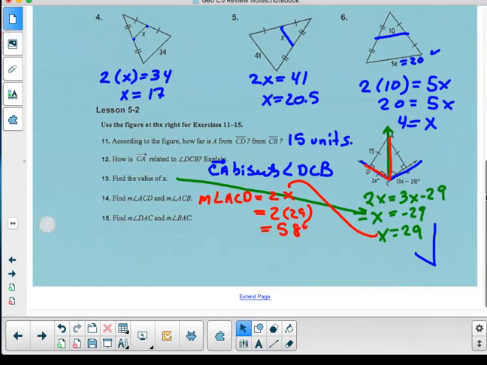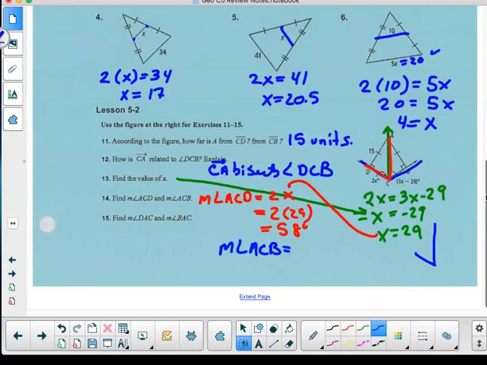Now my other one here is ACB. The measure of angle ACB is, and remember, x is also 29, 3x minus 29. I plug in 29 and calculate that with my calculator and I find out it is also 58 degrees.